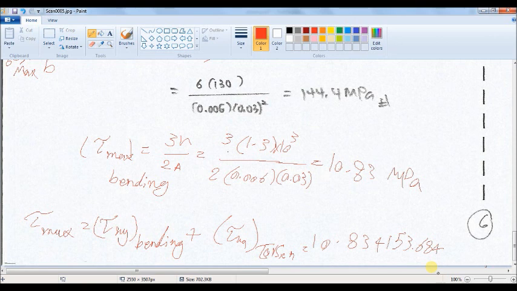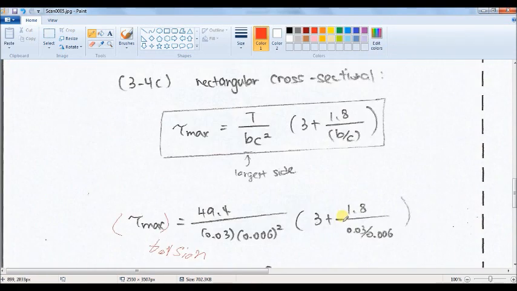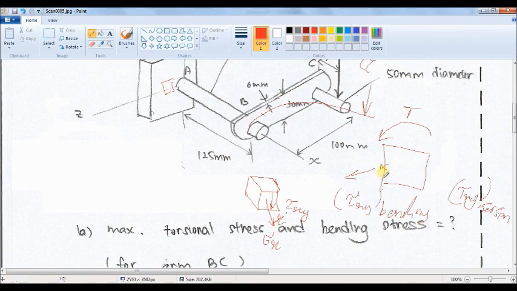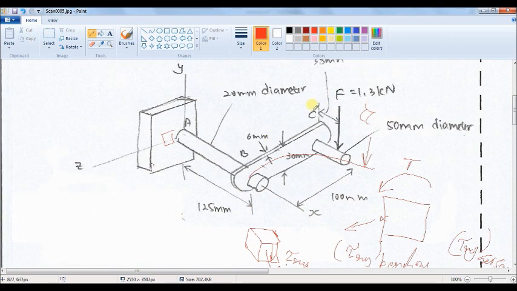Okay, so the total is 164.47 megapascal. This is the total shear stress at this location of beam BC cross section.